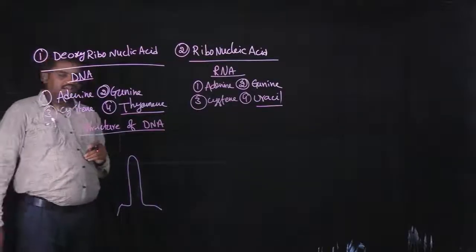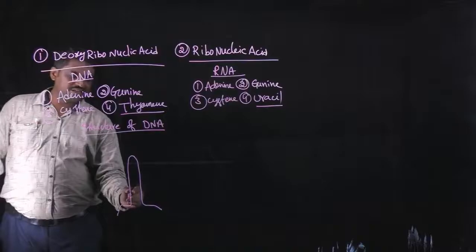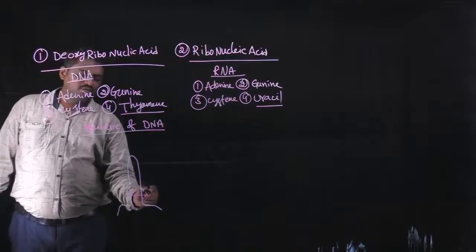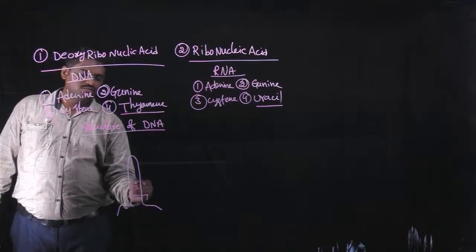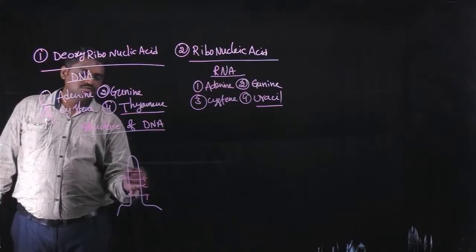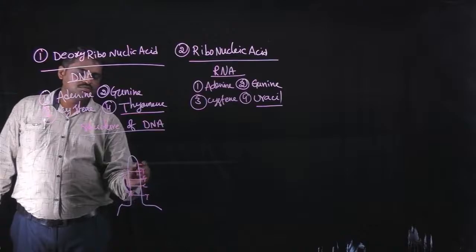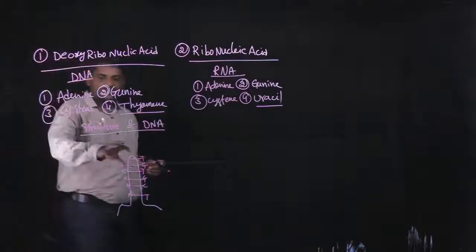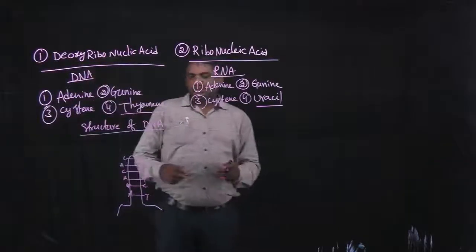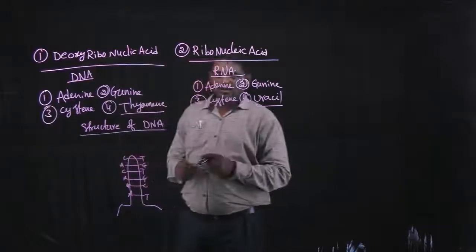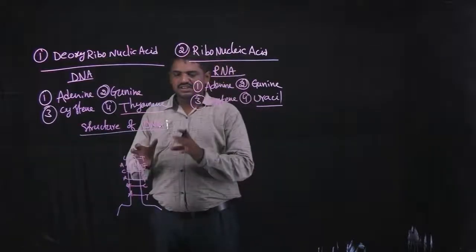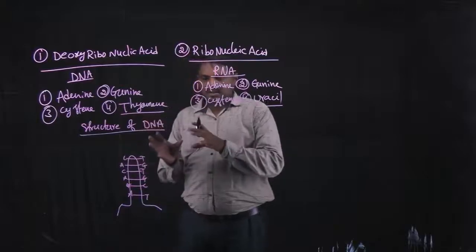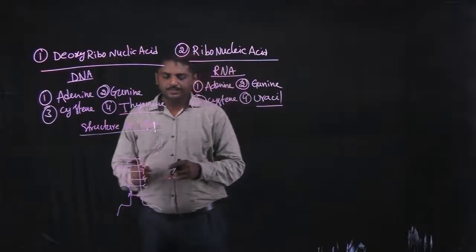This DNA contains A, G, C, T bases. These different types of bases are joined, and sugar molecules are also involved. So this is one of the similar structures of DNA.